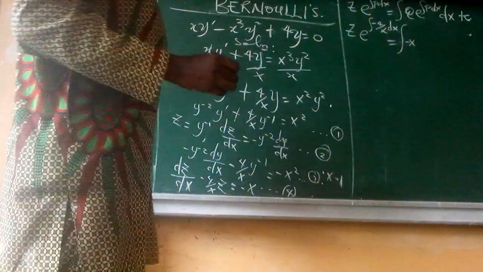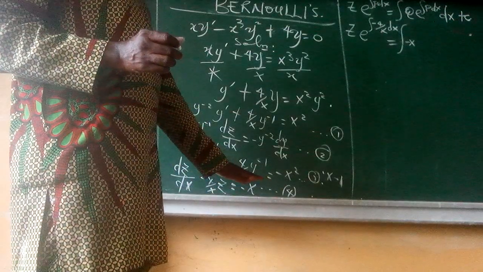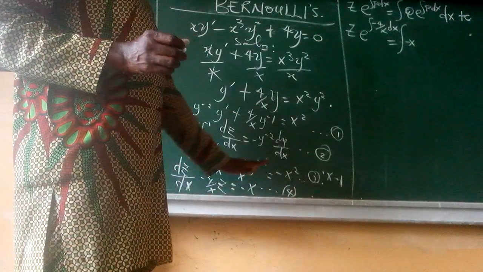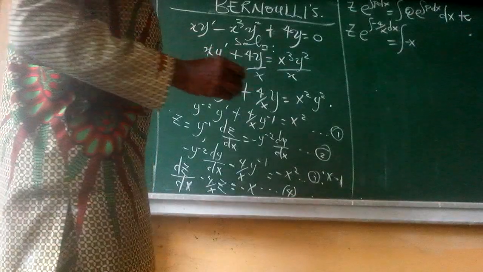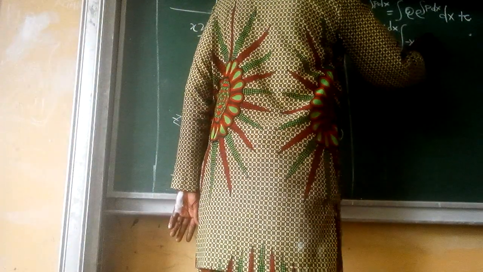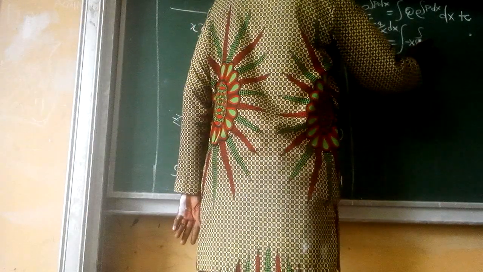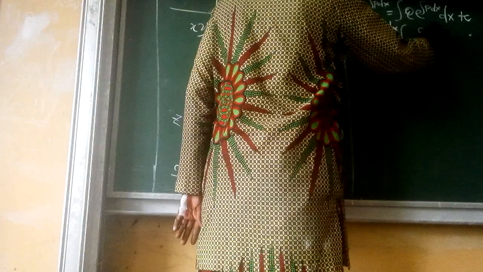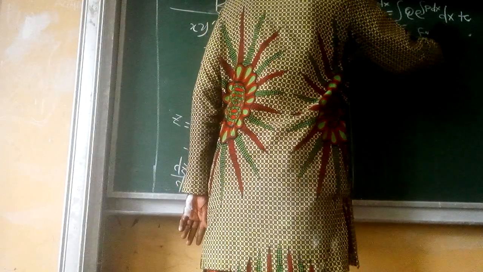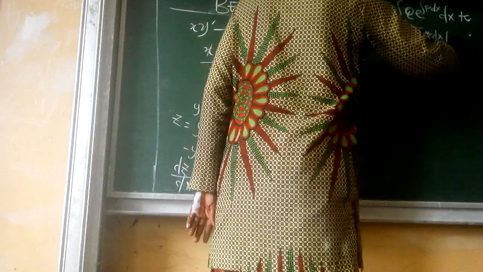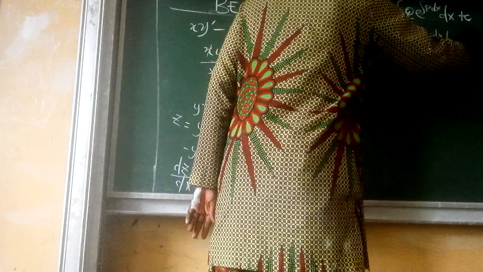Q is the value at the right hand side. So that gives you, multiplied with the integrating factor, which is exponential integral of minus 4 over x dx. Then you integrate it jointly.